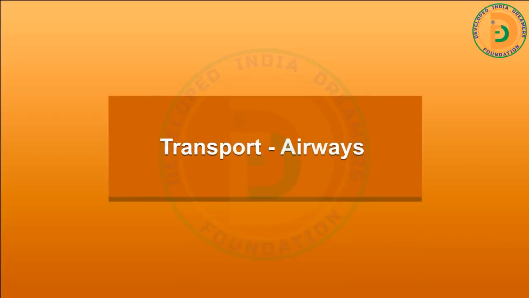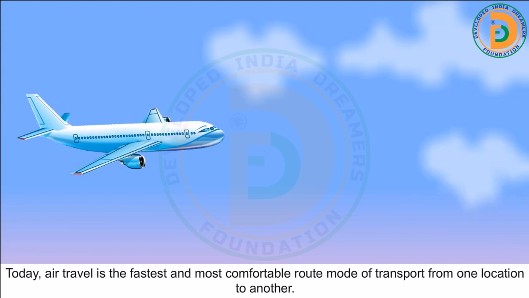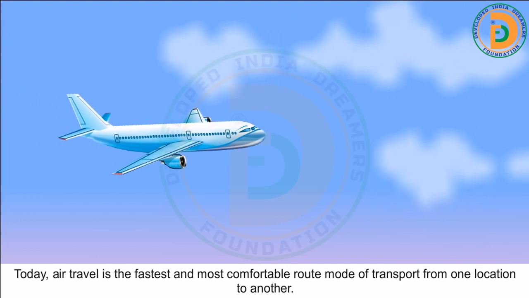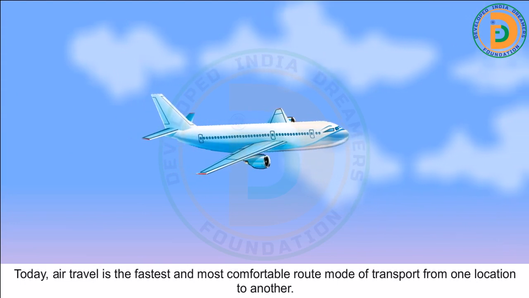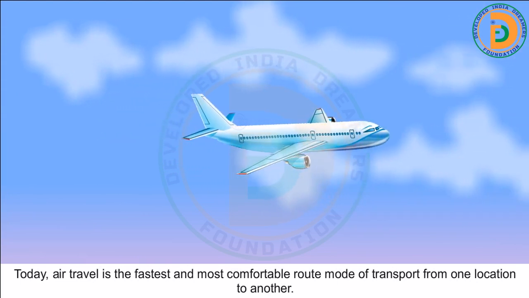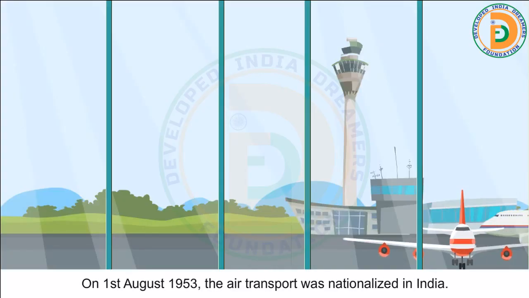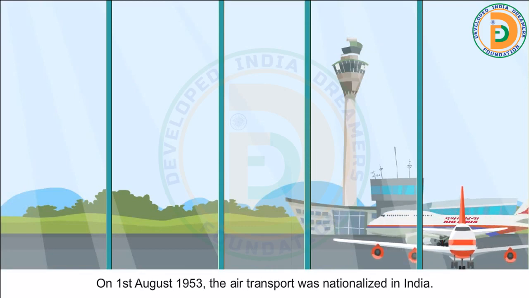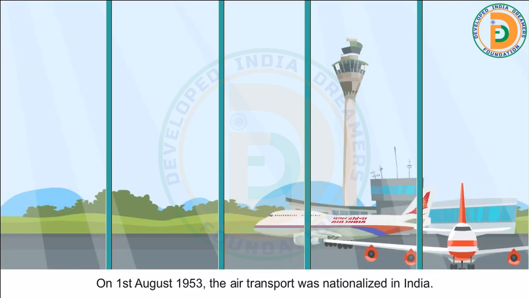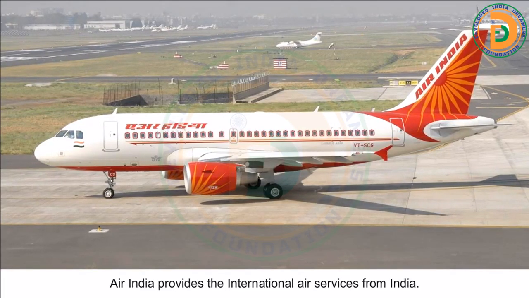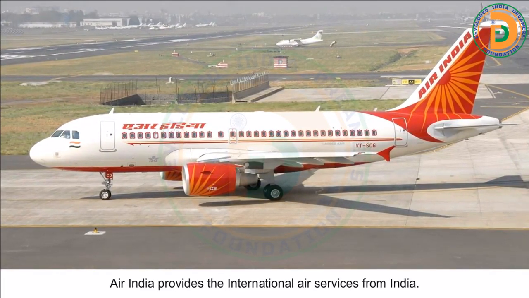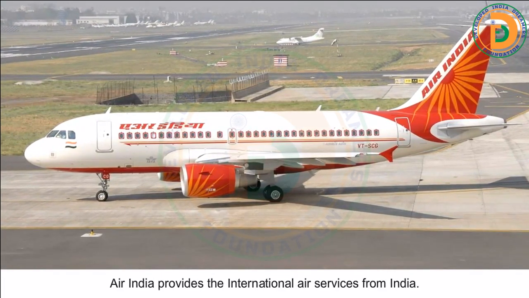Transport. Airways. Today, air travel is the fastest and most comfortable mode of transport from one location to another. On 1st August 1953, air transport was nationalized in India. Air India provides the international air services from India.